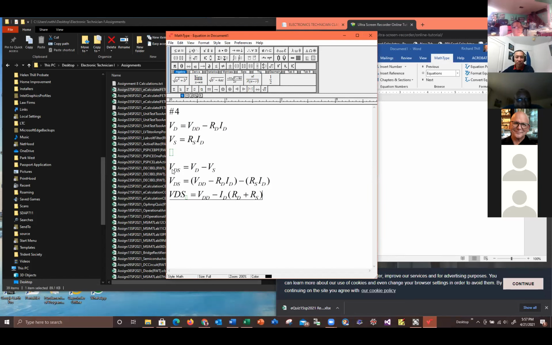VDS is equal to VD minus VS. If you substitute in for VD and VS, and take out the common ID from the equation, you get VDS equal to VDD minus ID times the sum of RD and RS. So if ID goes up, this quantity goes up and VDS goes down. Yes. Okay. Thank you.